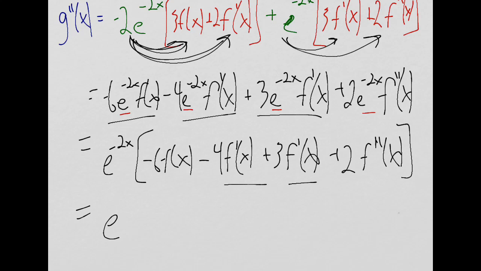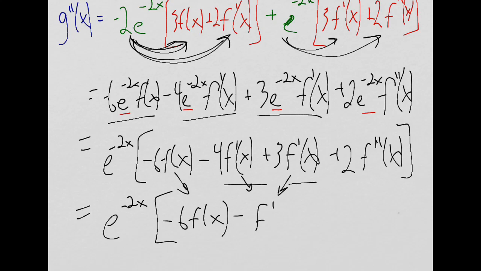So that is e to the negative 2x, open bracket, minus 6f of x. I just copied this. These two are going to come together to give me a minus f prime of x, and then plus 2f double prime of x. And that's that part completed.